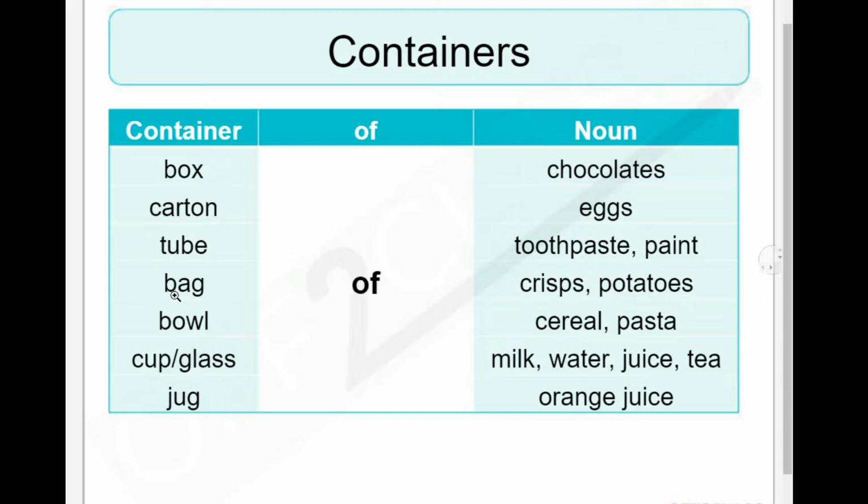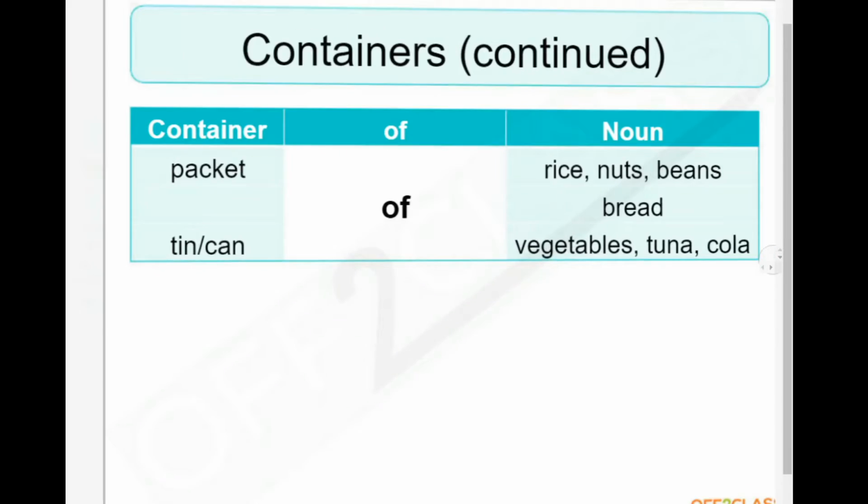Very good. What comes in a bag? Very good. And what comes in a bowl? What comes in a cup or a glass? What comes in a jug? Okay, next.